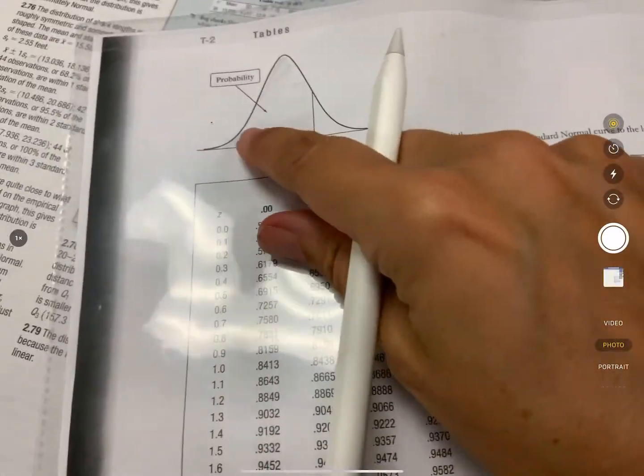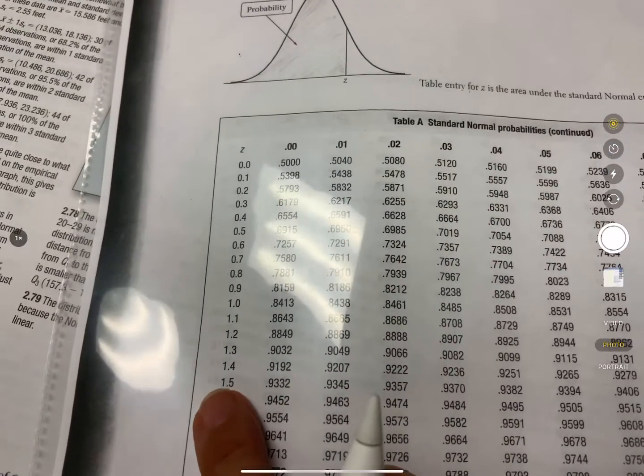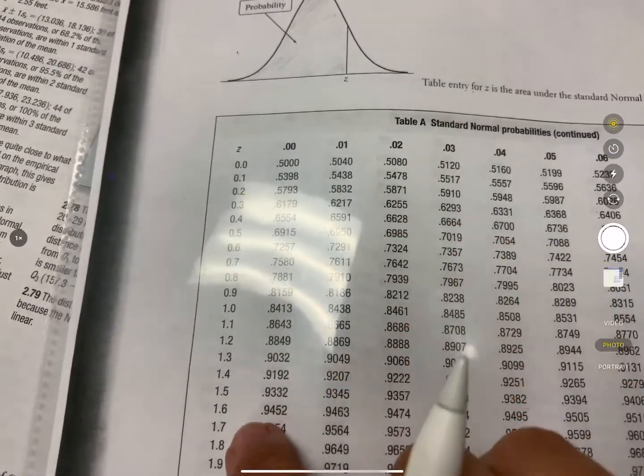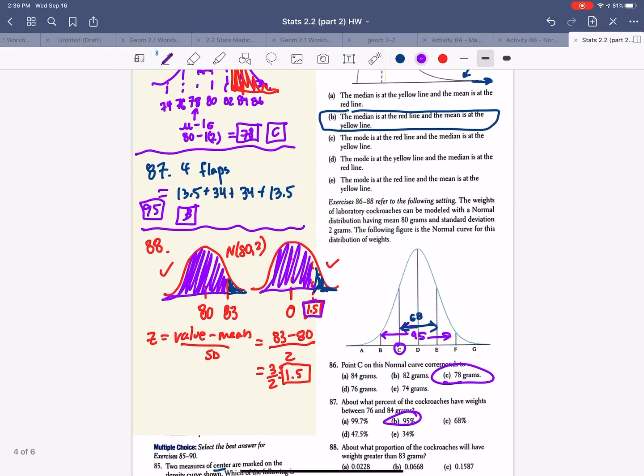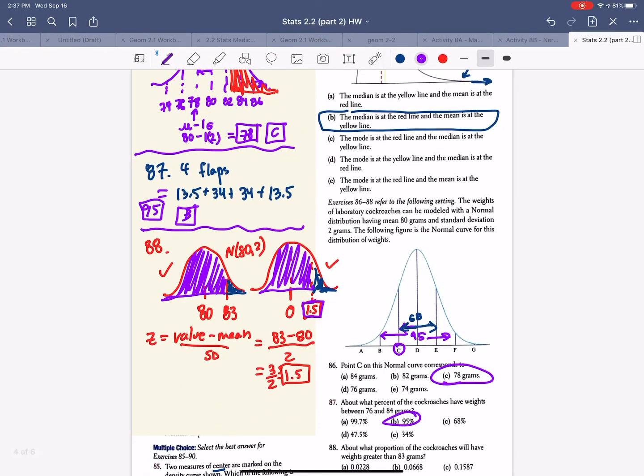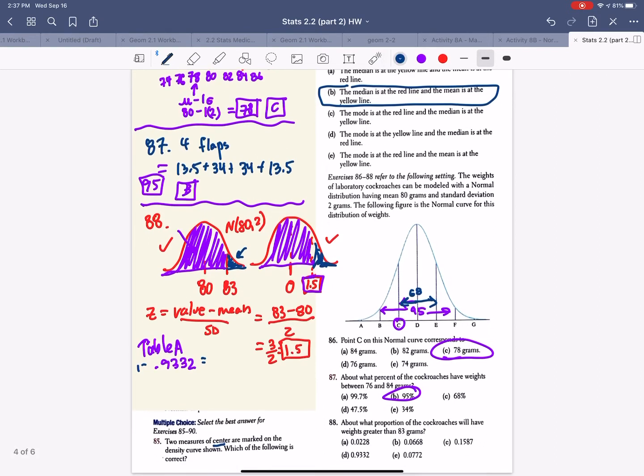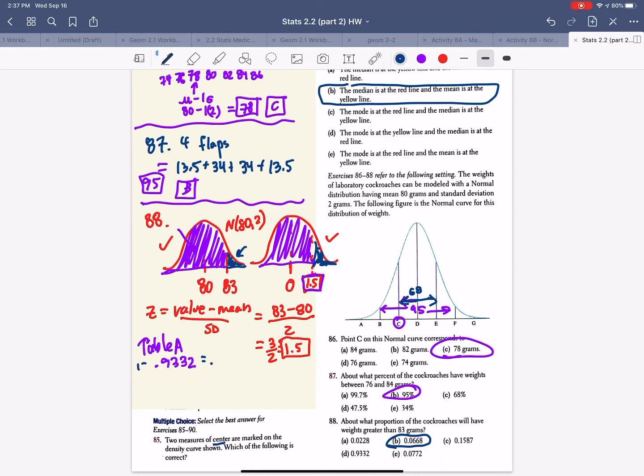The area, going off this picture, the area to the left of 1.50 is 0.9332. So I get this purple area. So from my table A, I get 0.9332. But I need to know this dark blue area. So I just do 1 minus my table A value. And I get this value, 0.0668.